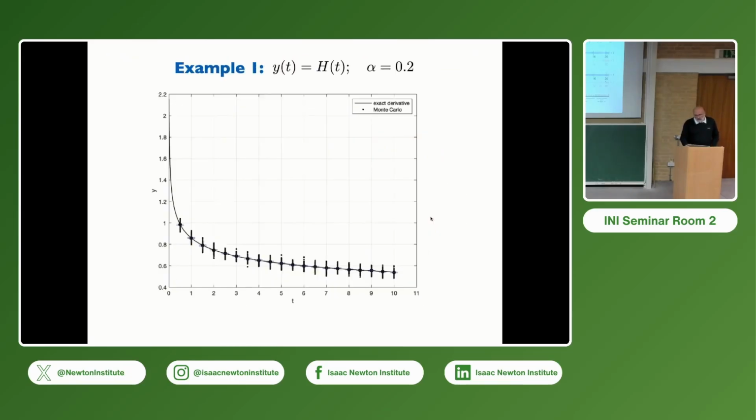Then we can use this Monte Carlo procedure for differentiation of some examples, and we have produced some benchmark examples. We need functions with exact fractional order derivatives that we can compute, and we do those simulations by Monte Carlo, and that's all.